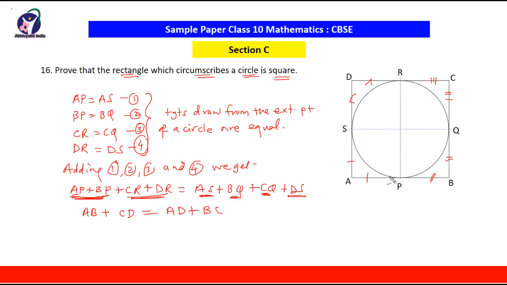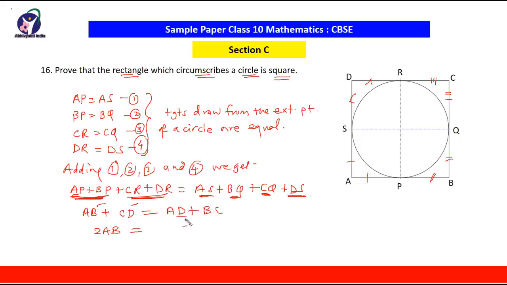But here it is given that ABCD is a rectangle, and we have to show that it is a square since it is circumscribing the circle. Since it is a rectangle, the opposite sides AB and CD will be equal, so the left side equals twice AB, or twice CD.